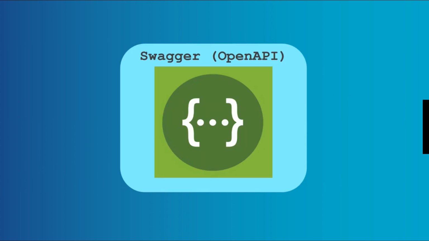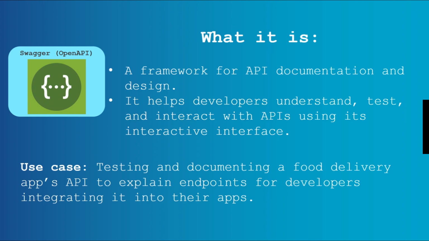The next tool is the Swagger OpenAPI. Swagger is a framework for API design, documentation, and testing. It provides tools like Swagger Editor for defining APIs and Swagger UI for interacting with APIs through a web interface. The interactive documentation allows developers to test APIs without needing third-party tools.